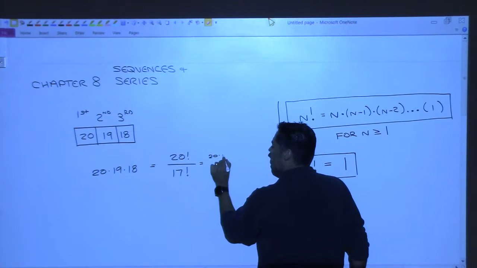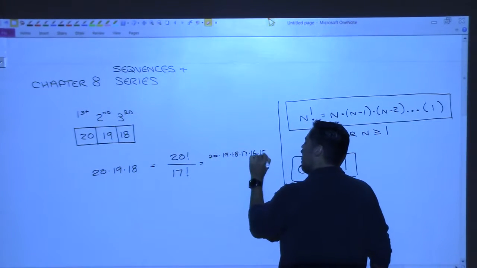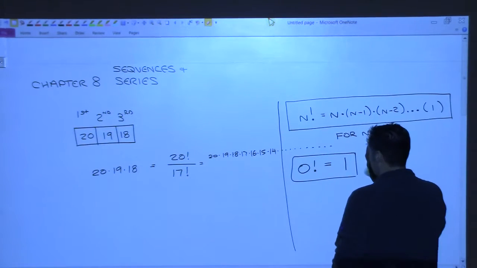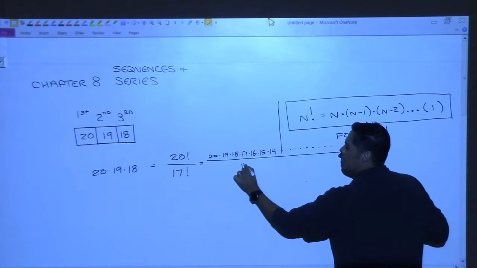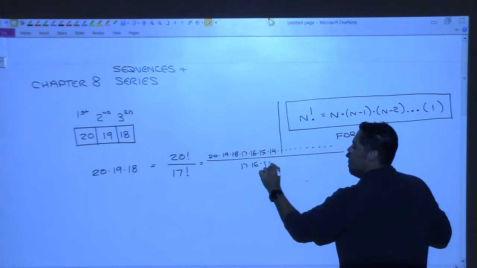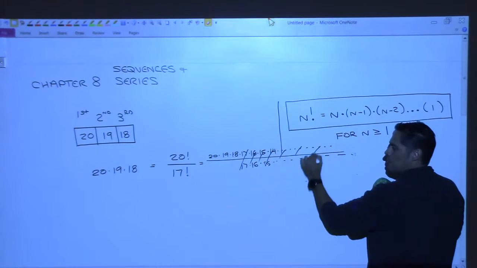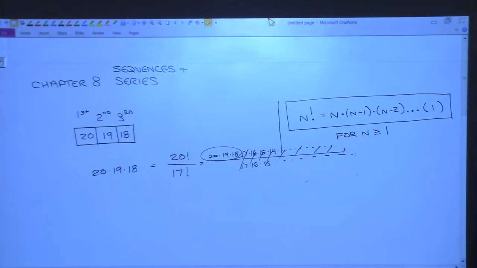See, 20 times 19 times 18 times 17 times 16 times 15 times 14 times 13, 12, blah, blah, blah, right? But if I divide that by 17 factorial, I get 17 times 16 times 15 times 14, blah, blah, blah, and then all of these are ones. And so all you're left with is that, right? Agree?